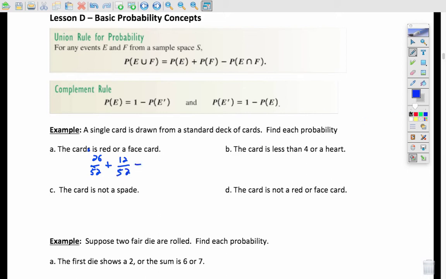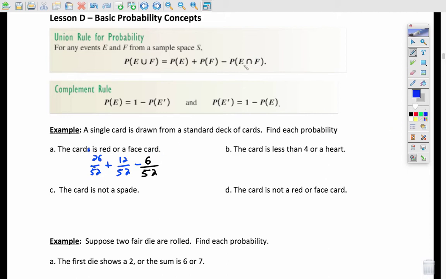However, I have to take out the cards that are both red and face cards. So Jack, Queen, and King of Hearts, Jack, Queen, and King of Diamonds. That makes 6 of the cards that are being double counted here because those 6 are both red and face cards. So you can really only count them once just to make sure that you get them right.